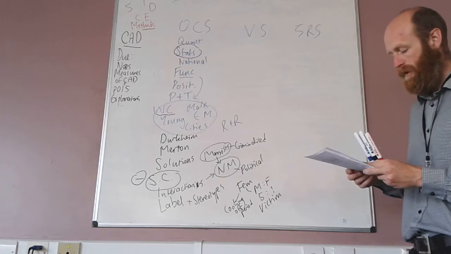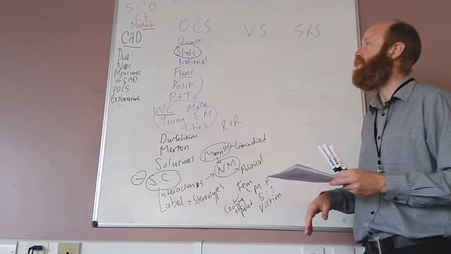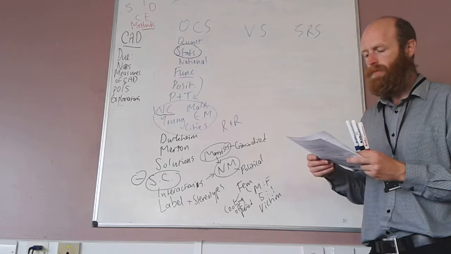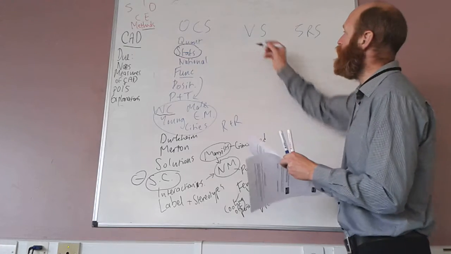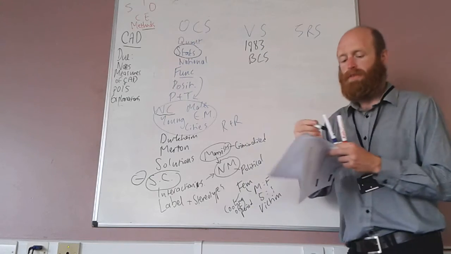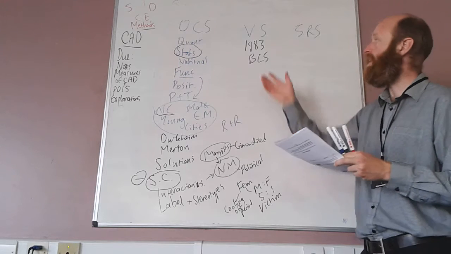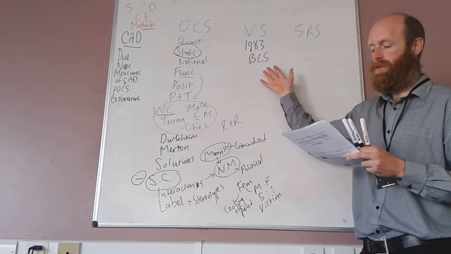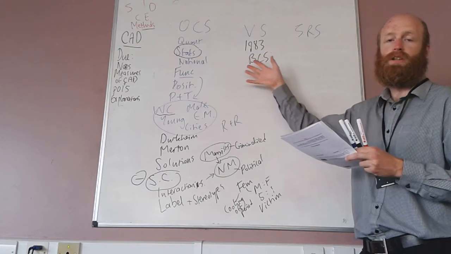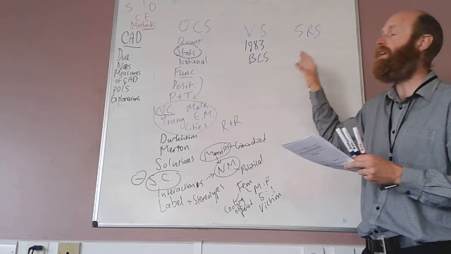The victim surveys have shown some real problems with the reliability and validity of the official picture of crime. In the first victim survey, in 1983, the British Crime Survey, which is a national victim survey, they ask over 16-year-olds whether they've been a victim of crime in the last 12 months. And this is a Home Office survey, it's not the police doing the survey.